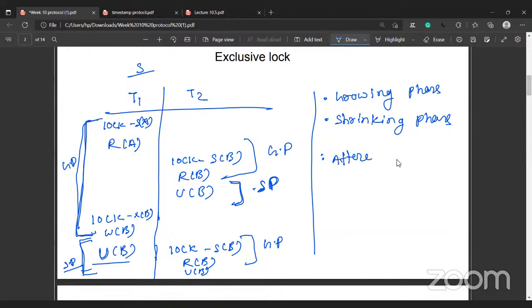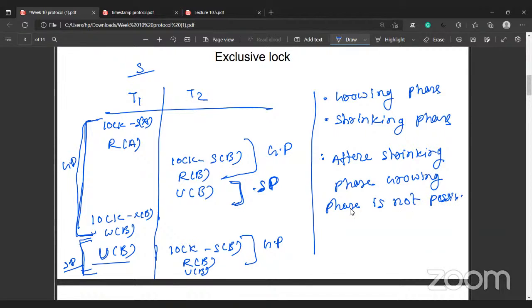After the shrinking phase, the growing phase is not possible. So you can see there is a growing phase, then the shrinking phase.